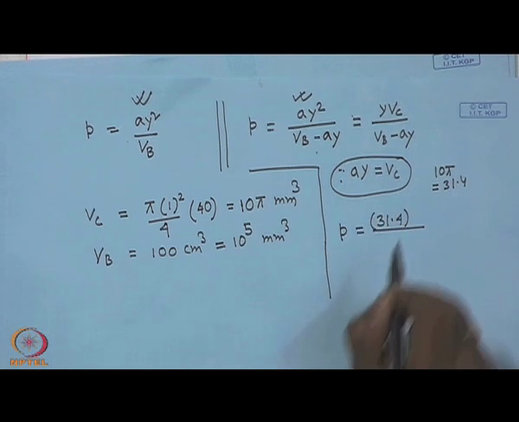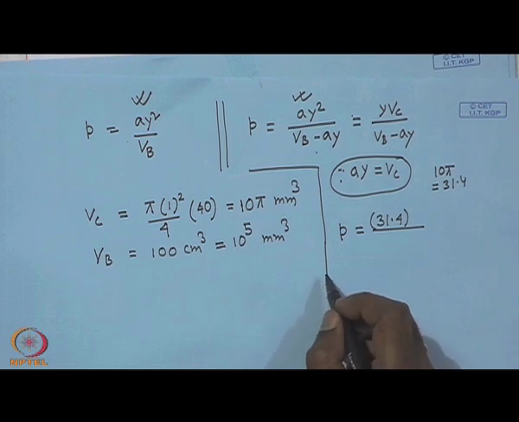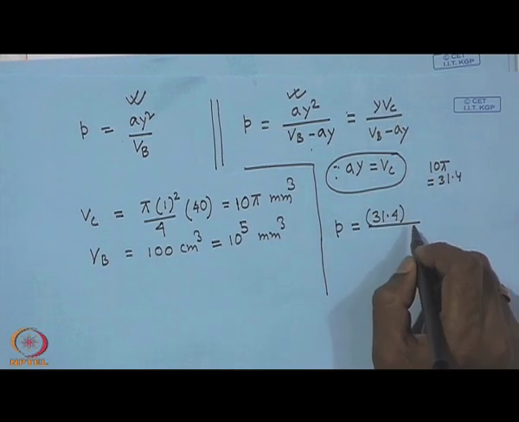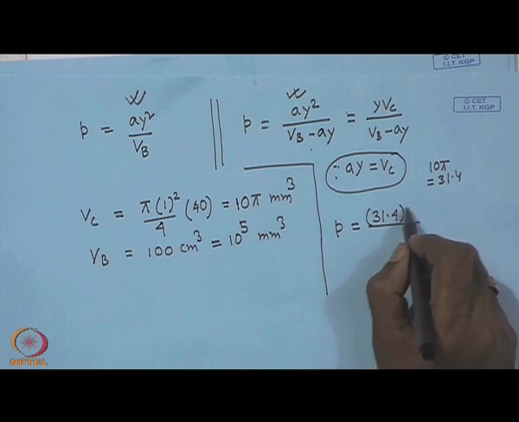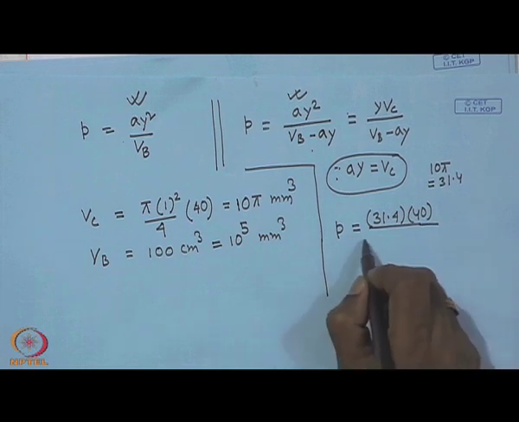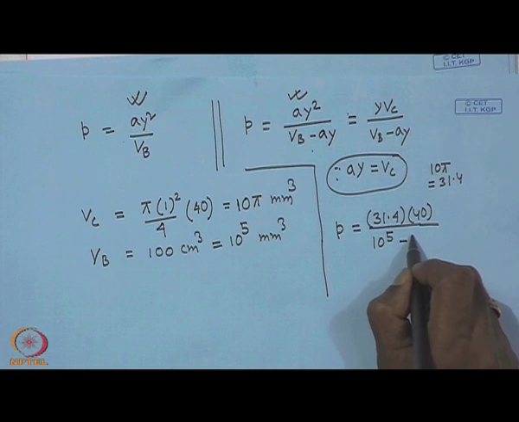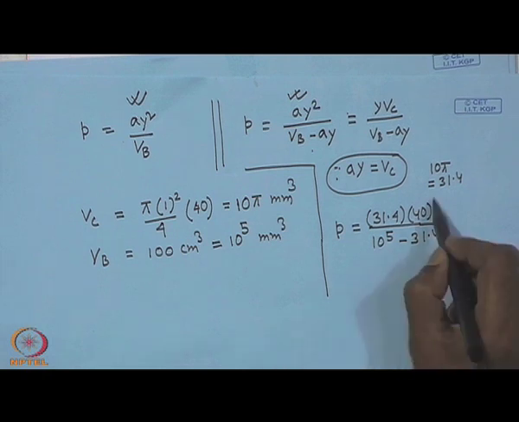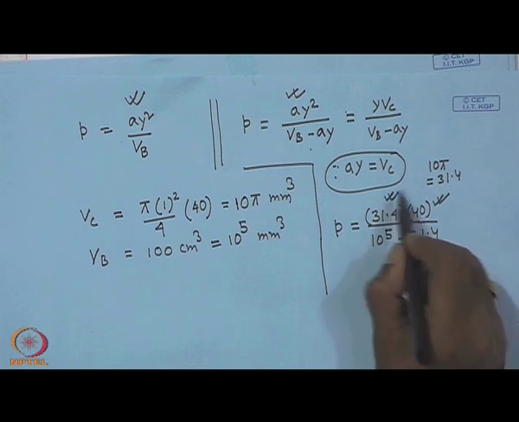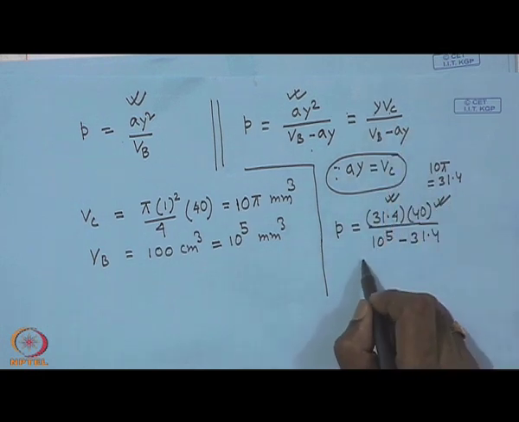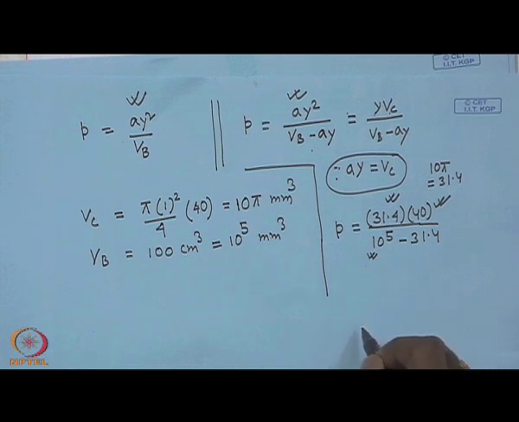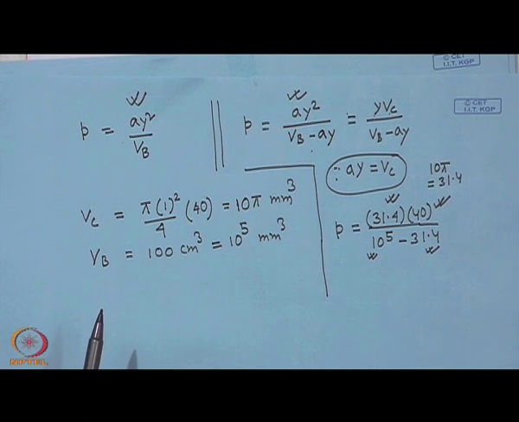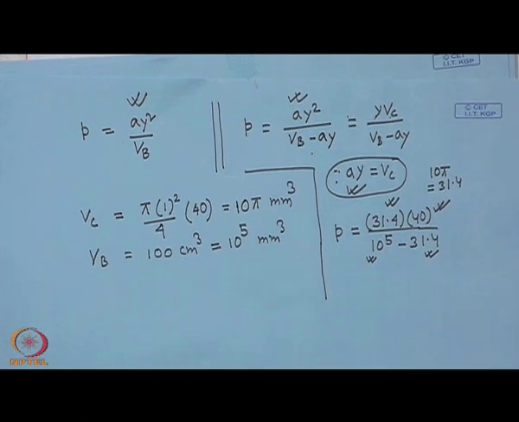So, y, Vc, Vb, Ay, because Vc is same as Ay.